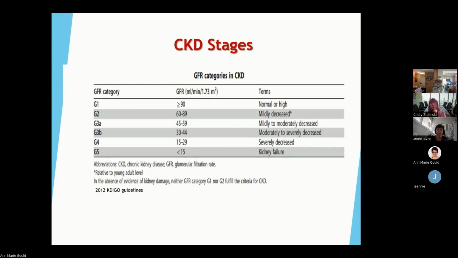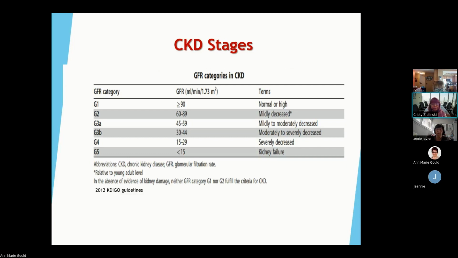And CKD alone is not a CC, but chronic kidney failure, or chronic renal failure, is. So here's another opportunity for a query, because sometimes the doctor will say CKD. Is it CKD with failure, or just chronic kidney disease?